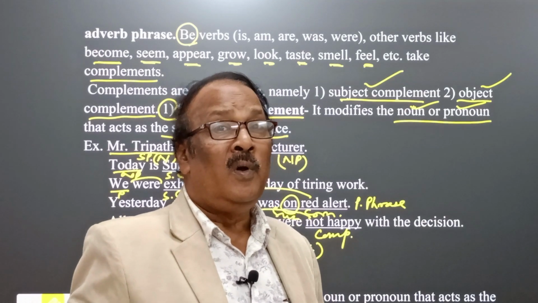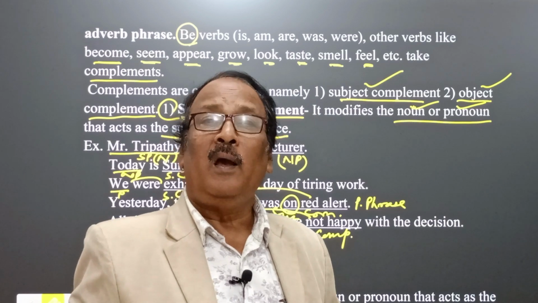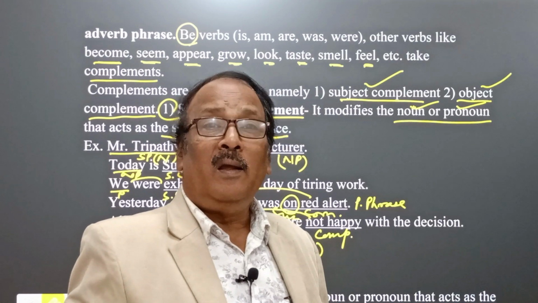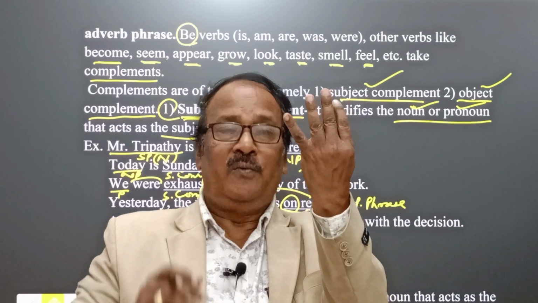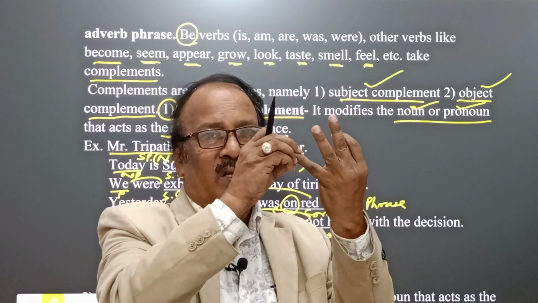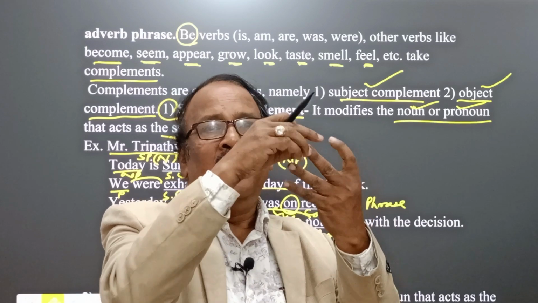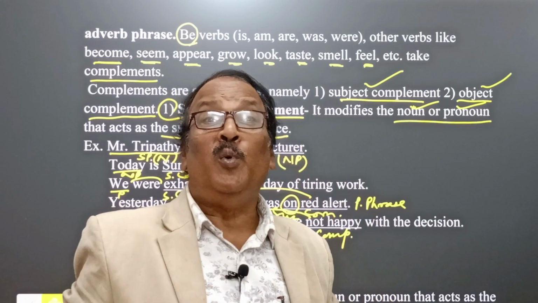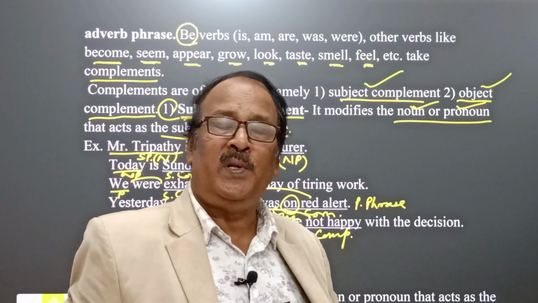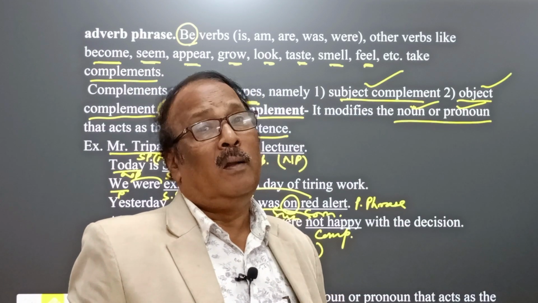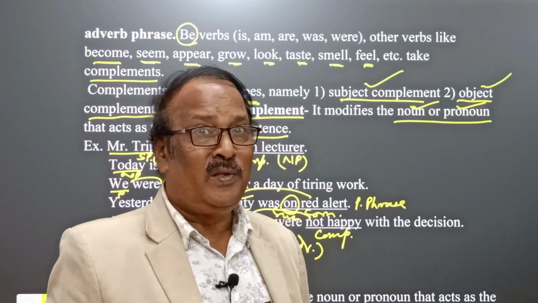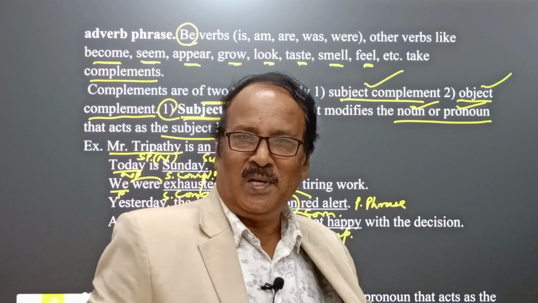Whenever they refer to the object, then object complement. And these complements are of four types: noun phrase, adjective phrase, adverb phrase, and prepositional phrase. These phrases qualify or complement the subjects, and hence this is called subject complement.